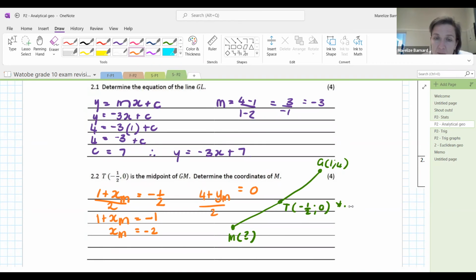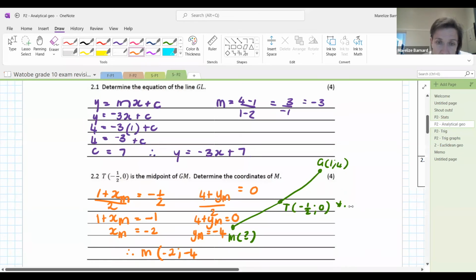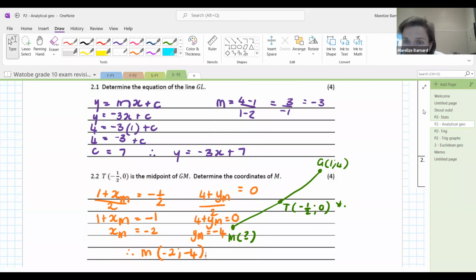Here we do the same. We times by 2, and we get 4 plus ym is equal to 0. Then the y coordinate at M is going to be -4. Therefore, M's coordinates are -2 and -4. Anyone else got that? Give a thumbs up in the chat if you did.